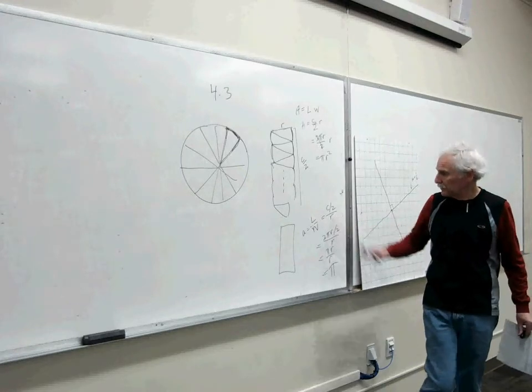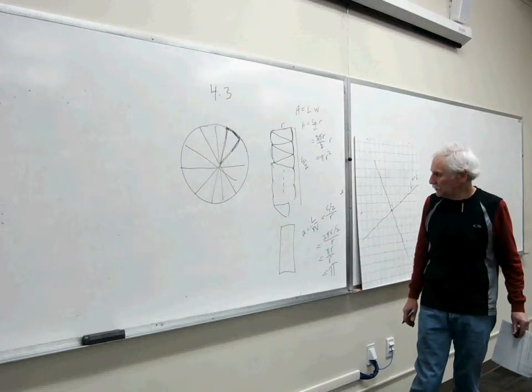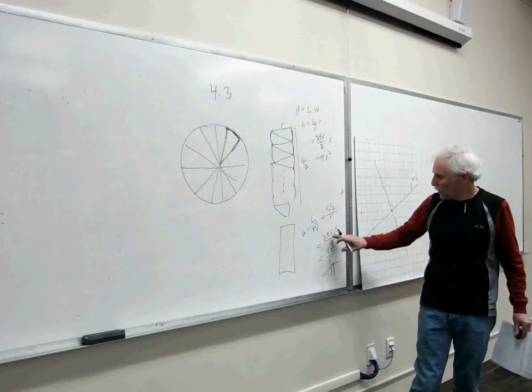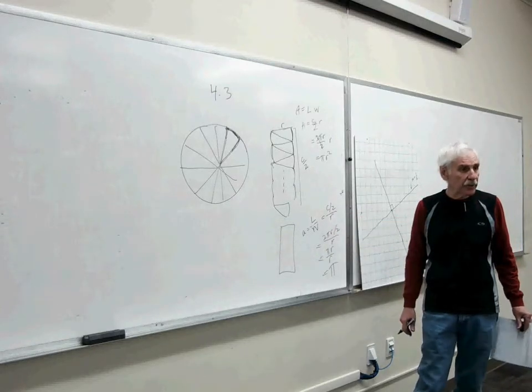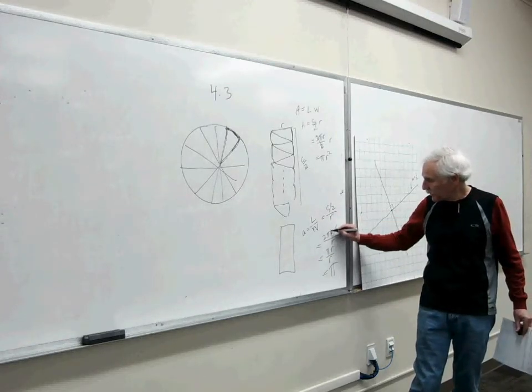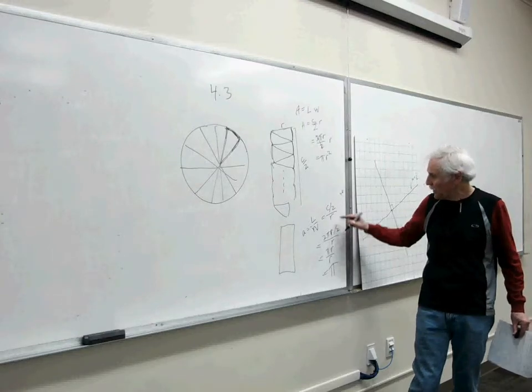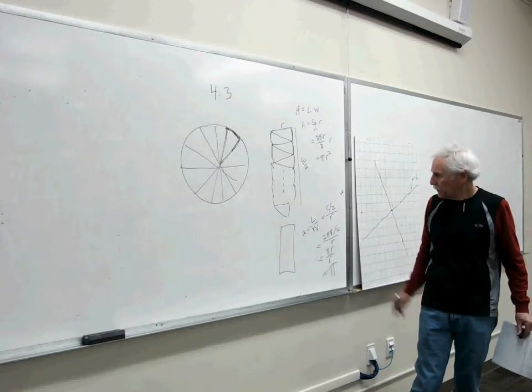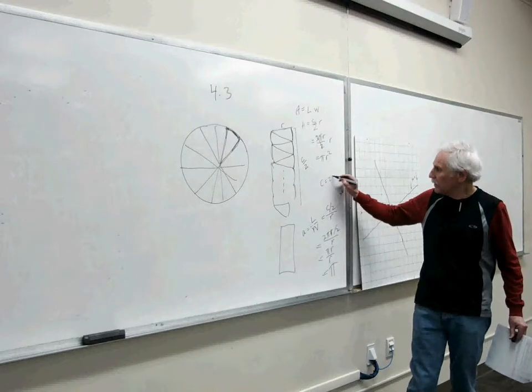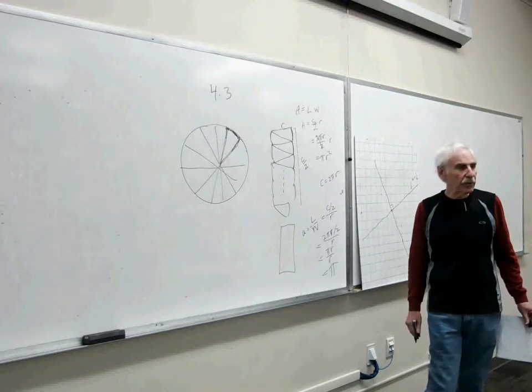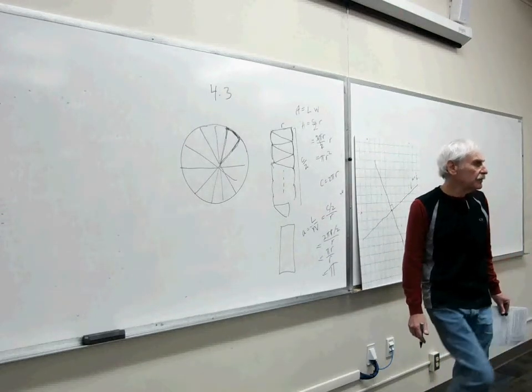So C is 2 pi r. The circumference of a circle is 2 pi times its radius.